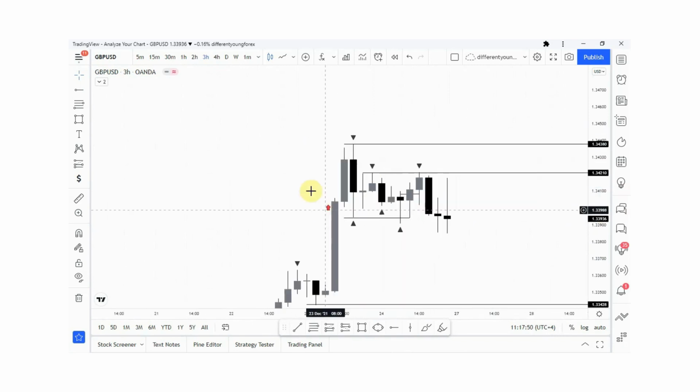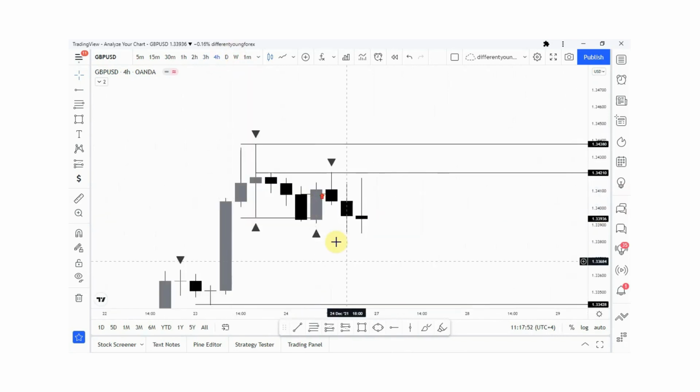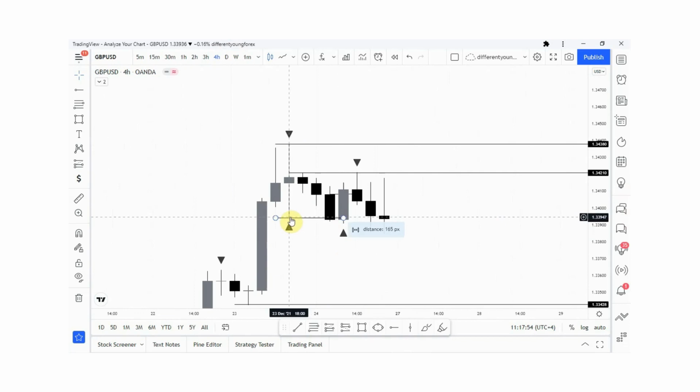If you go to the 4H time frame, as you can see, the 4H candle actually closed below this level. This is a signal for lower prices. And what I saw here, I could see that price is only going to pull back. It's probably not ready to just continue with the momentum.